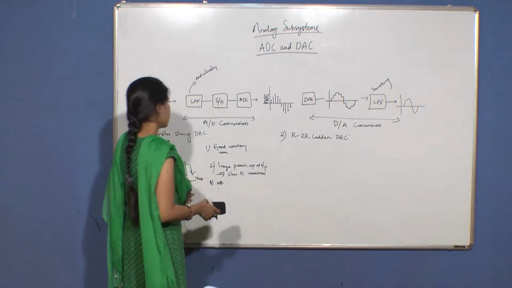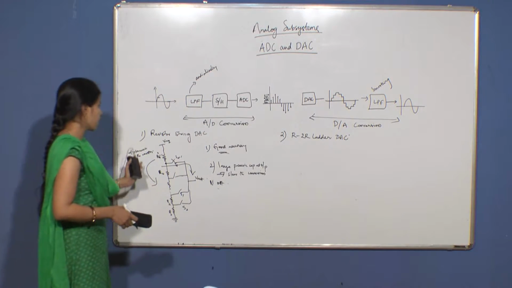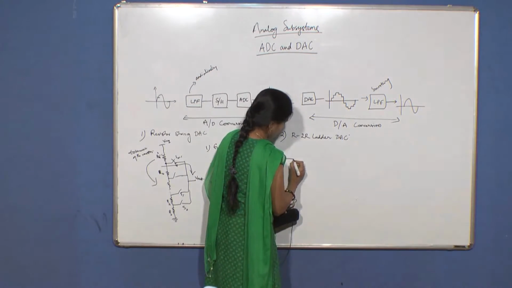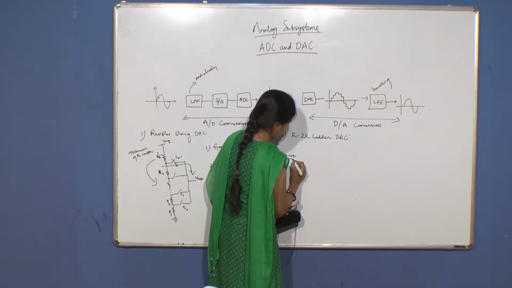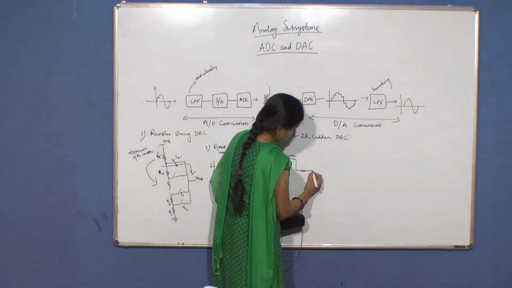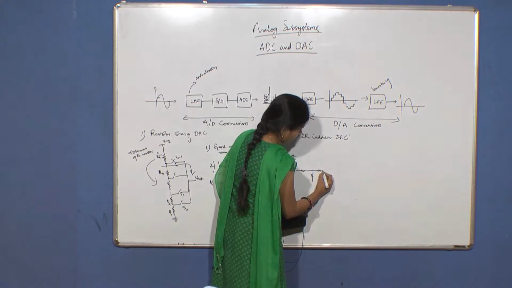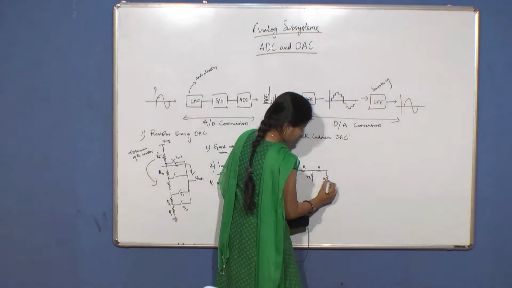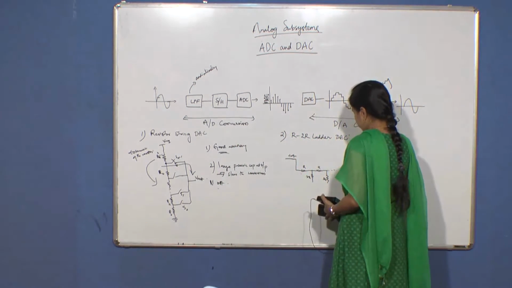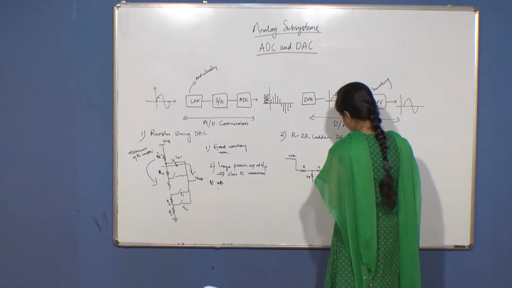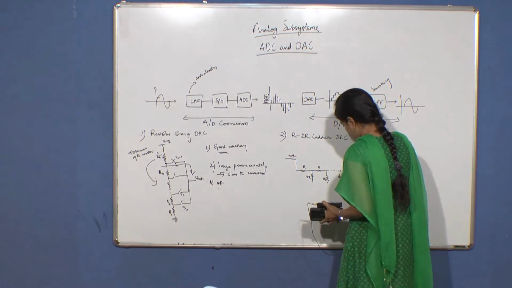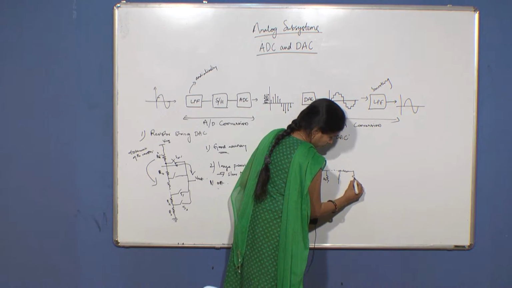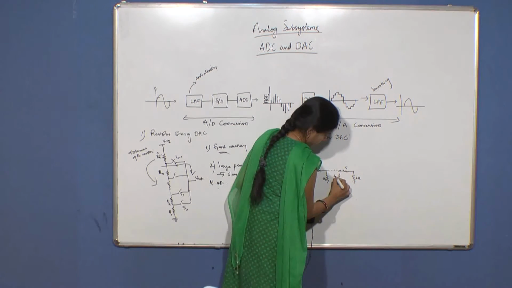This uses a lesser number of resistors than the resistor string DAC, in the sense that you have a V reference which is connected to R, then you have 2R, R, 2R. In a similar fashion, R, R, 2R.